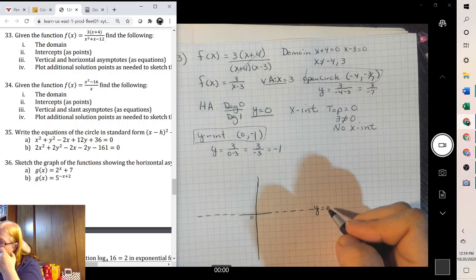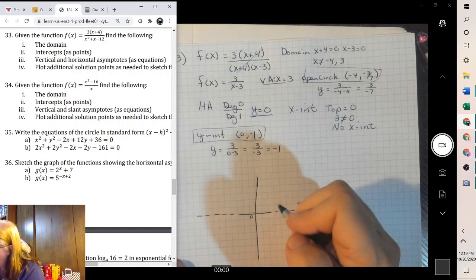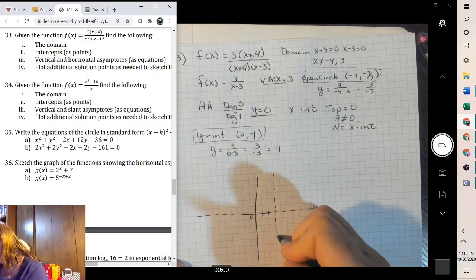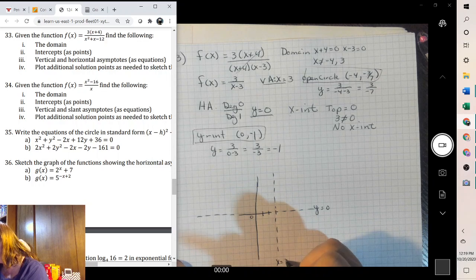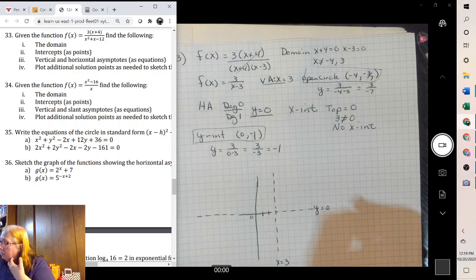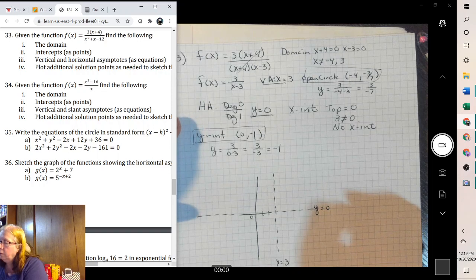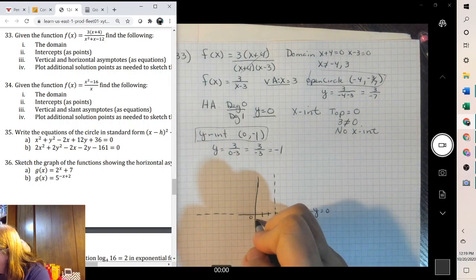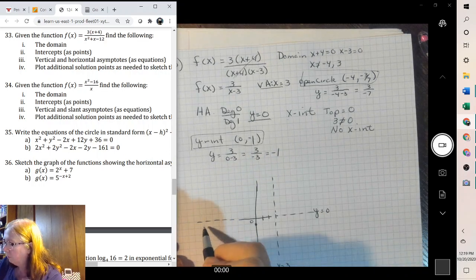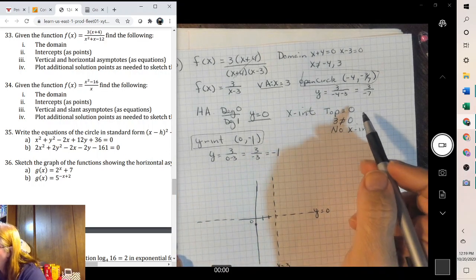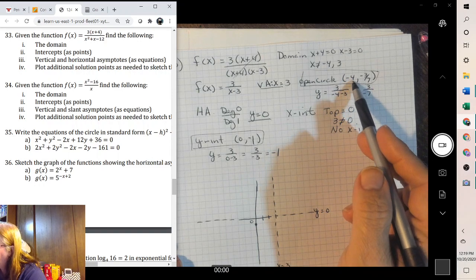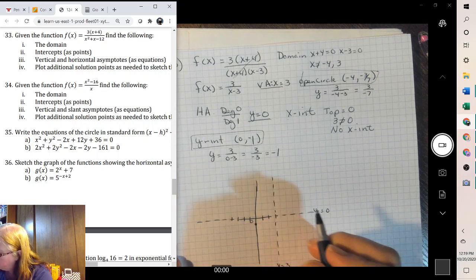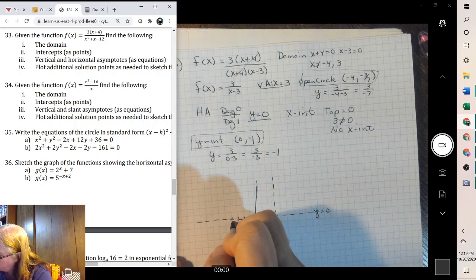Y equals 0 is the horizontal, x equals 3. There's the other one. And then points. Y-intercept's at -1, so it's here, which means the graph's going here. The other one, open circle, is at -4, -3/7, so it's here.